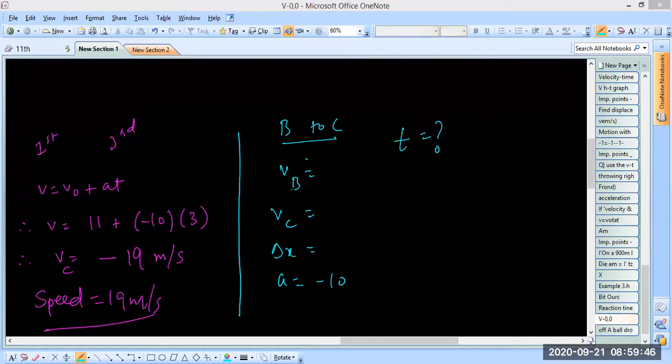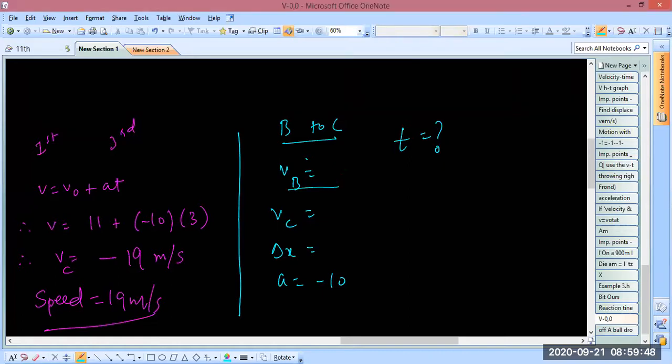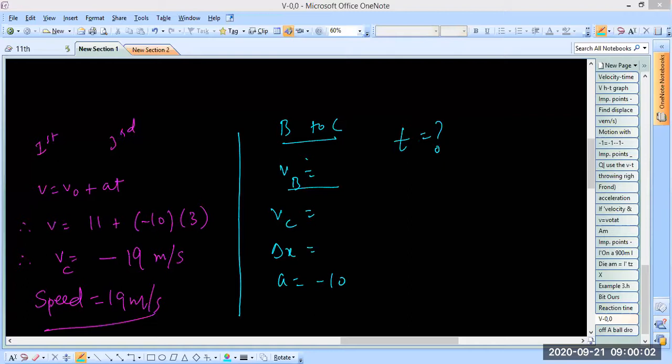Do we know VB? Yes or no? If yes, what is its value? Very good, Falak. Yes, some of you have given the right answer.